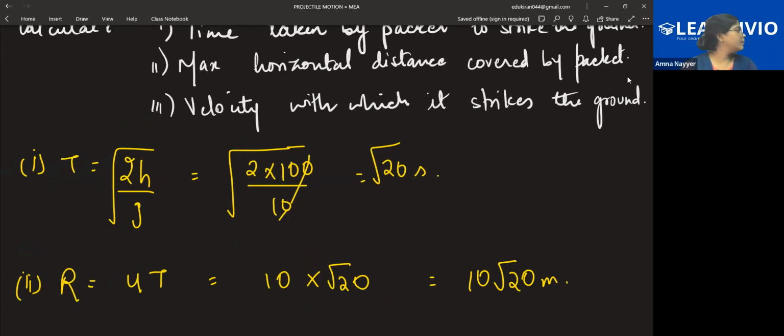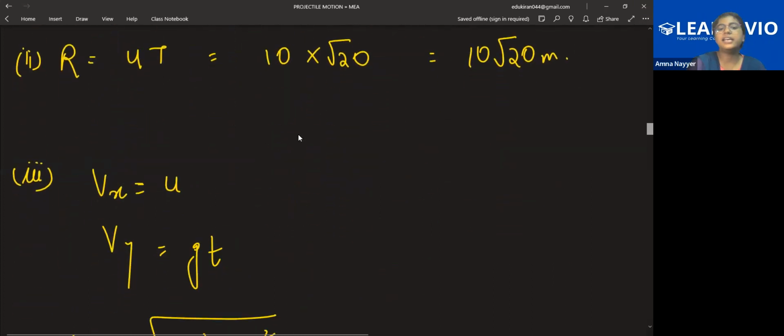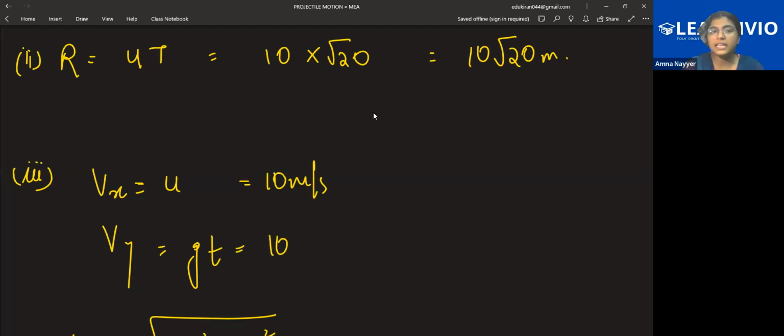Lastly, the velocity with which it strikes the ground. First, Vx is equal to u, and Vy is equal to gt. So Vx is 10 meter per second, and Vy is 10 into time, which is 10 root 20 meter per second.